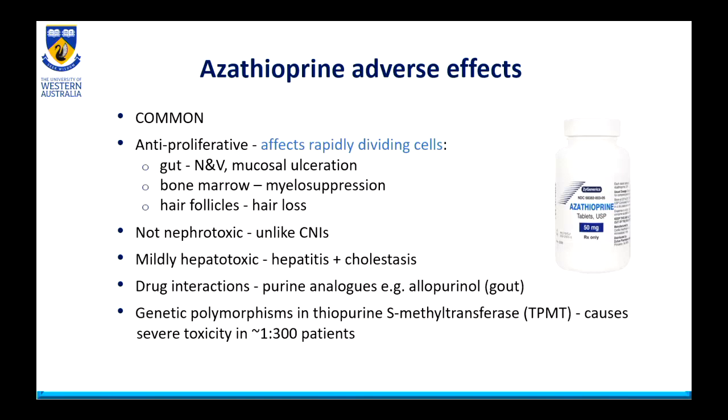And genetic polymorphisms can occur in thiopurine S-methyltransferase. If this cannot be active, it can't break down azathioprine properly. And what happens then is you get different levels of azathioprine, and it can cause really severe toxicity in about 1 in 300 patients.